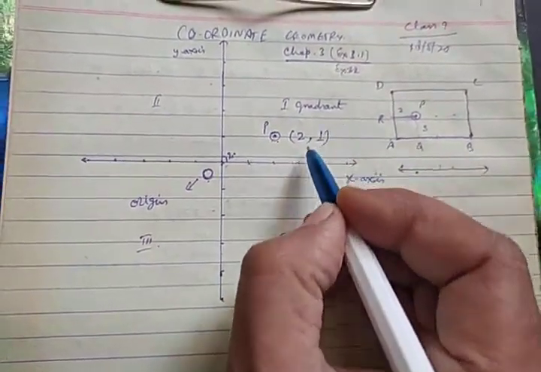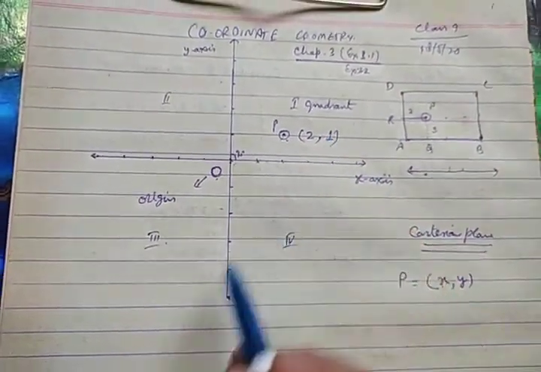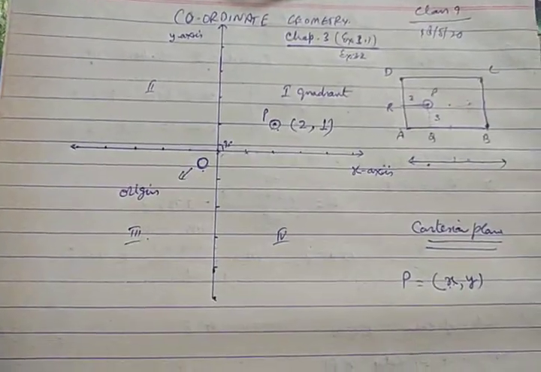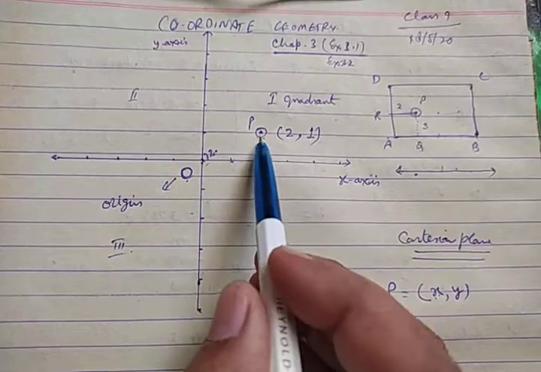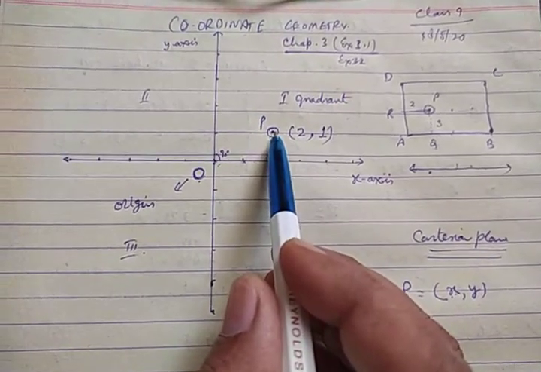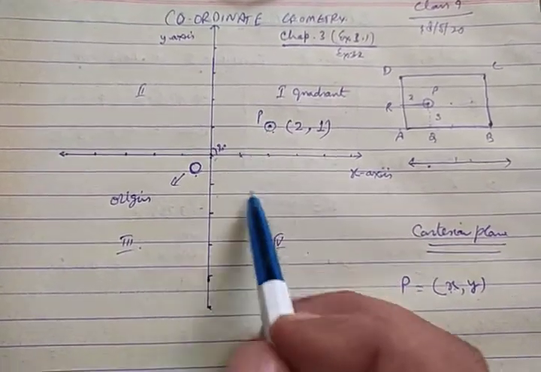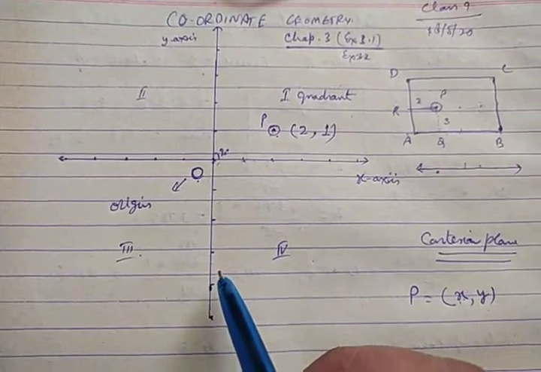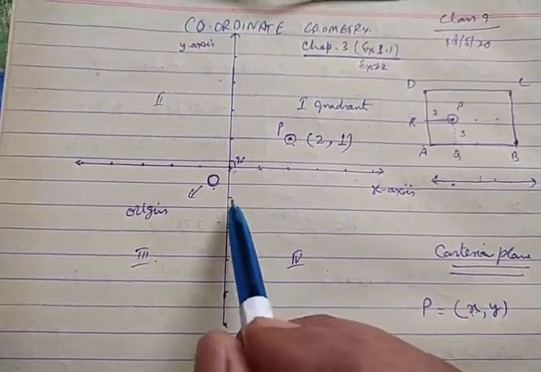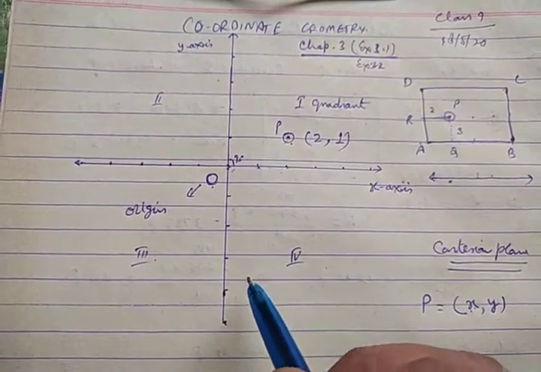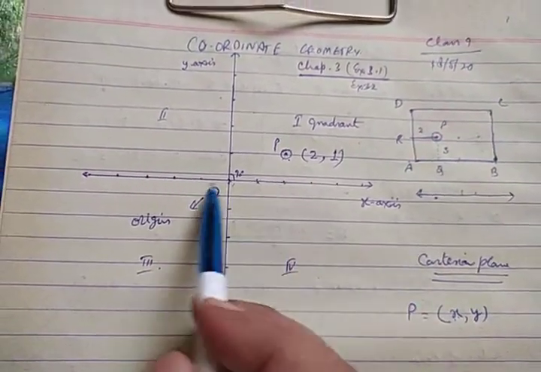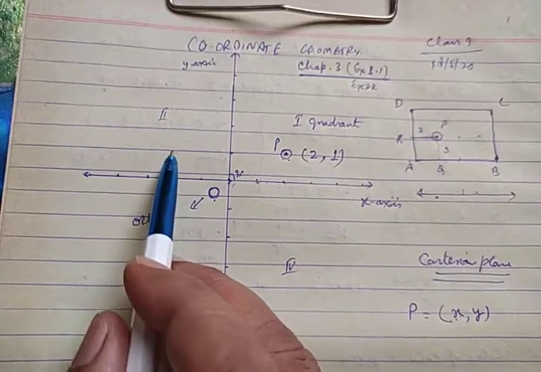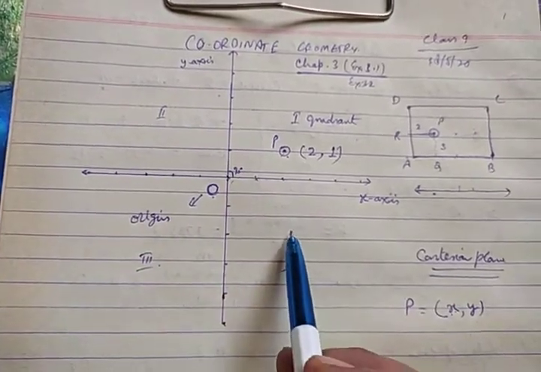When you say the position of point P is 2 comma 1, then you will reach exactly this position. This is the two-way measurement of the coordinate system, measurement in the x direction and y direction as well. Now this I have plotted here. This position can also be in this way, 2 this side, 1 this side, in this quadrant.